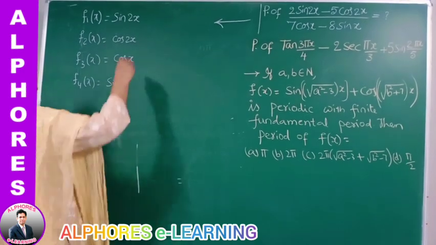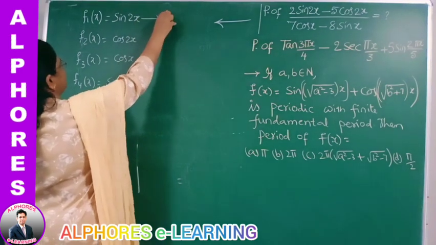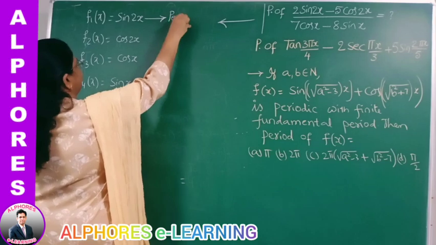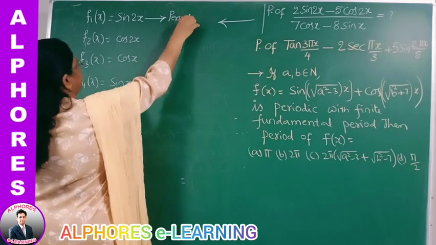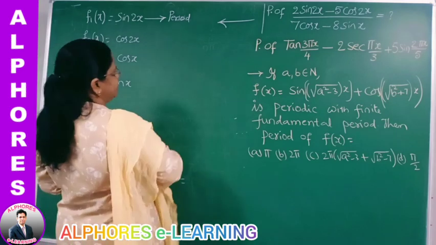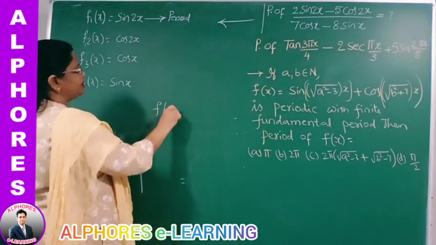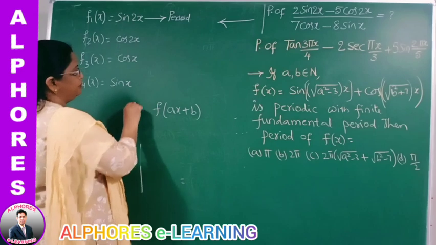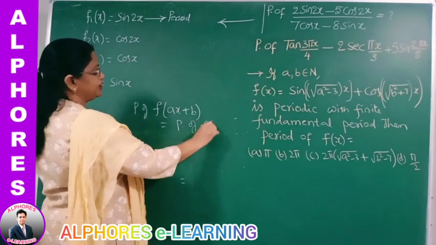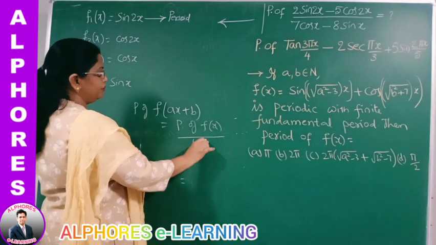So what about here, students? Period of this function. The period is equal to how much? This period, it is the individual value we are finding. The original function is sin x, right? It is of the form f of ax plus b. So the period of f of ax plus b is nothing but the period of f of x divided by the x coefficient, mod a.